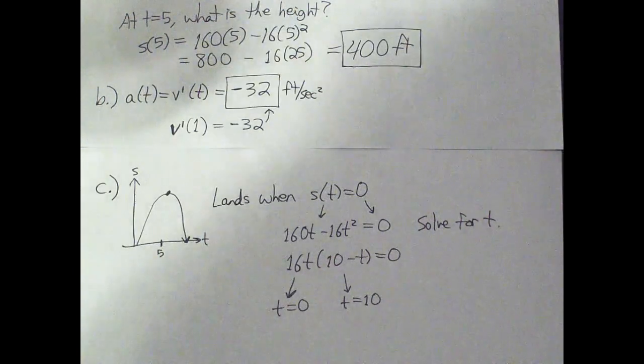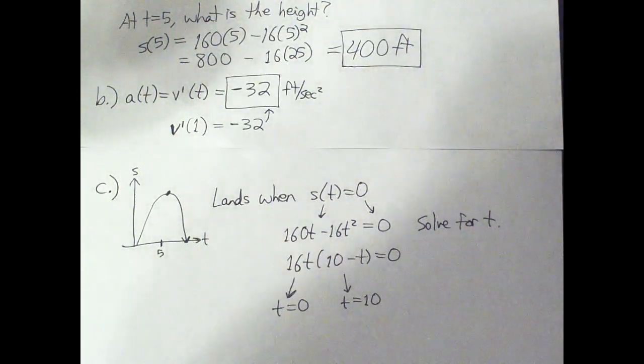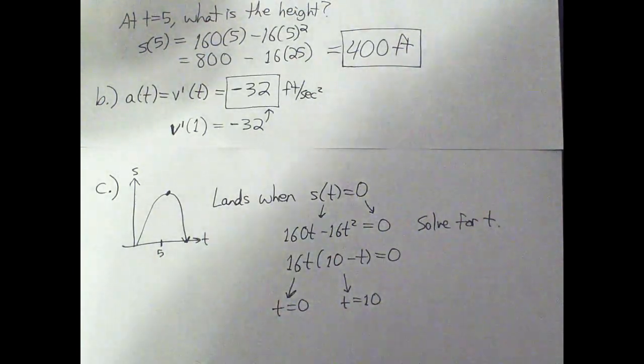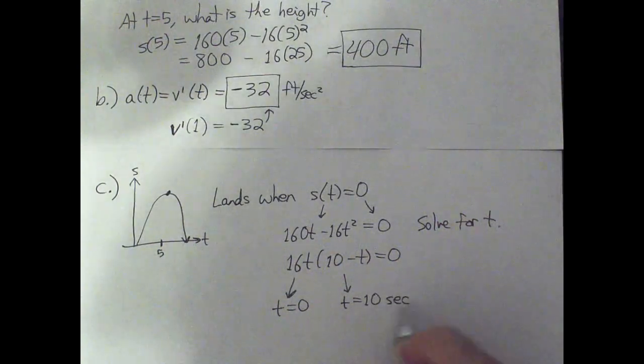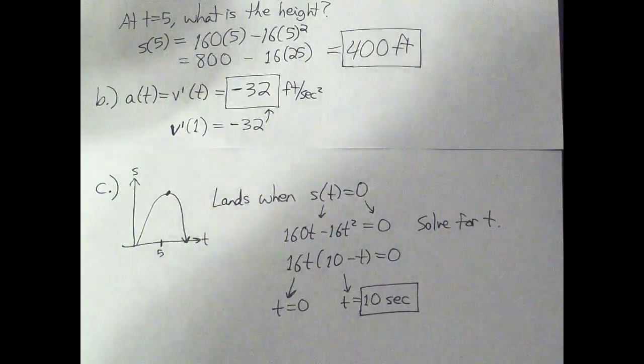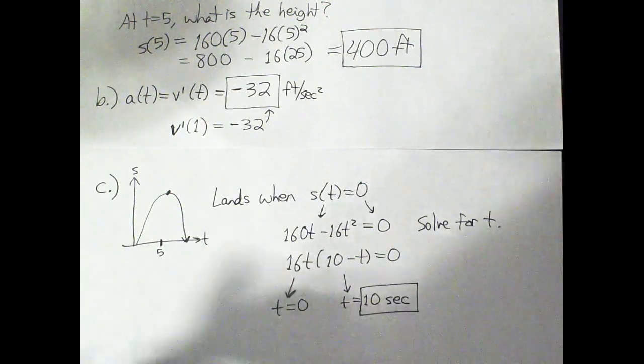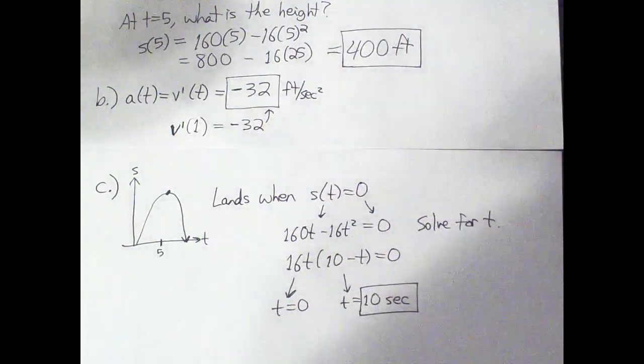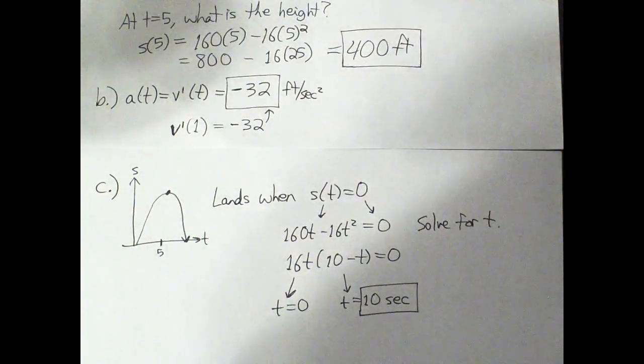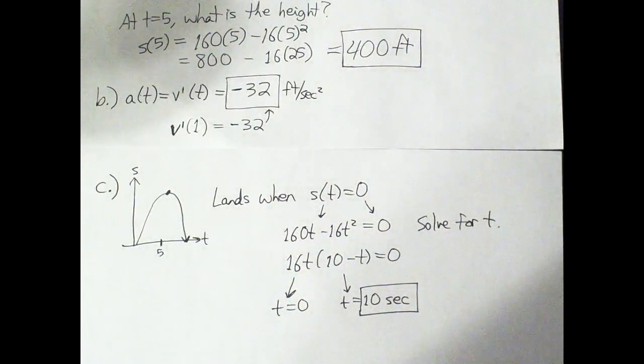So in the context of this problem, it said, when does the rock land? So I am only going to circle the 10. When does the rock land? 10 seconds after it was launched. So we don't say that it has landed at 0 seconds. Didn't even lift off yet. So sometimes you have to do a reality check and ask yourself which answer is the one that it's really asking for.